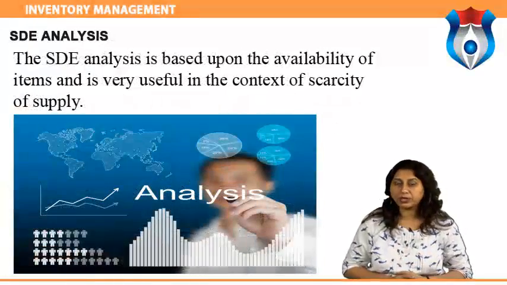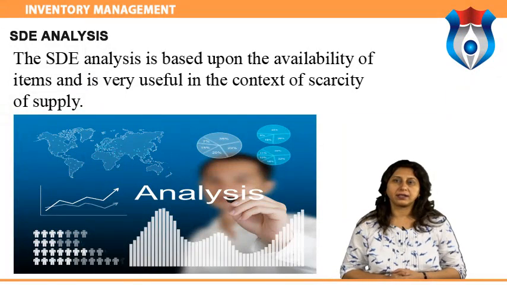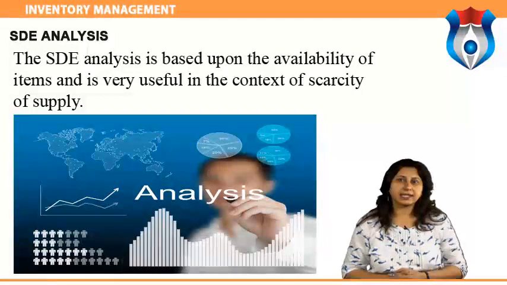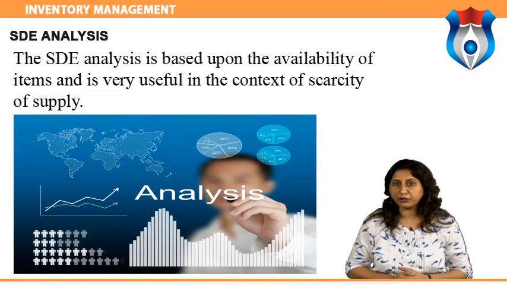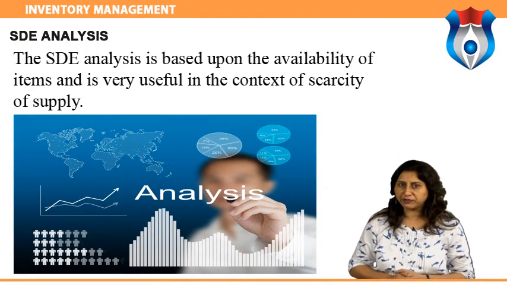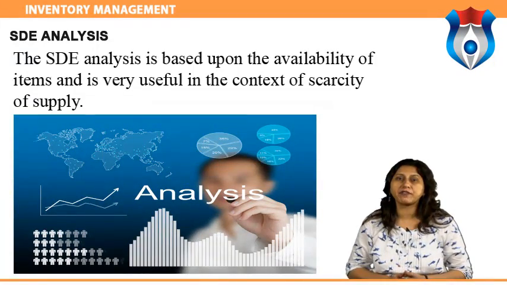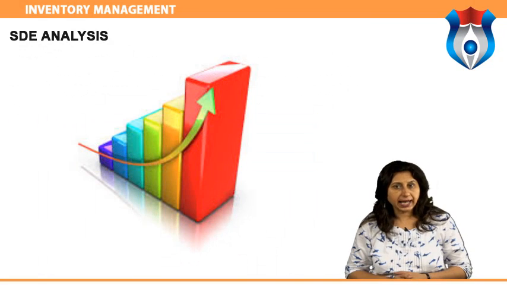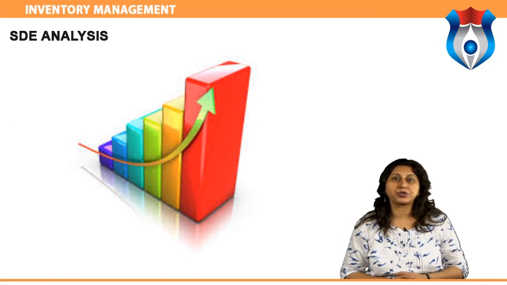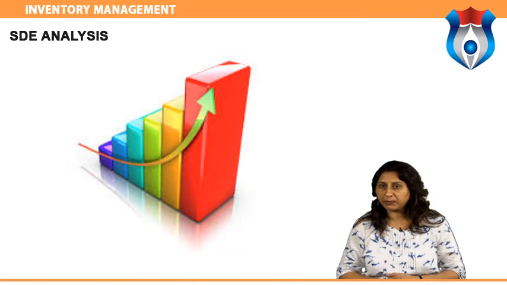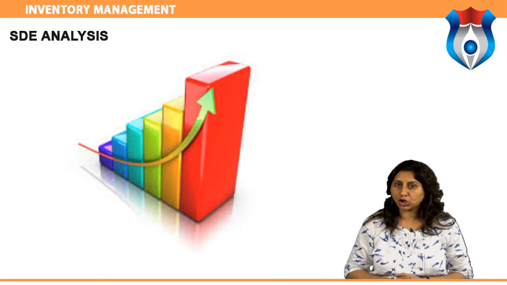Here we talk about SDE analysis. The SDE analysis is based upon the availability of items and is very useful in the context of scarcity of supply. In this analysis, S refers to scarce items, generally imported and those which are in short supply.